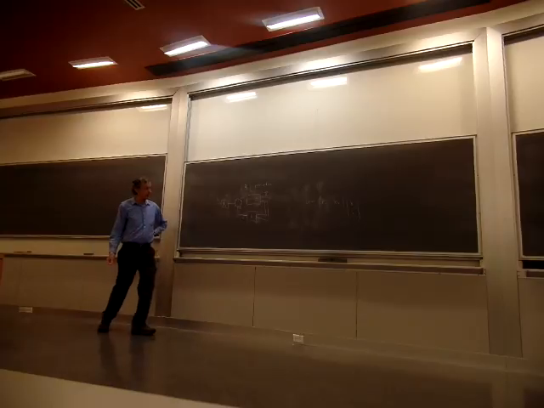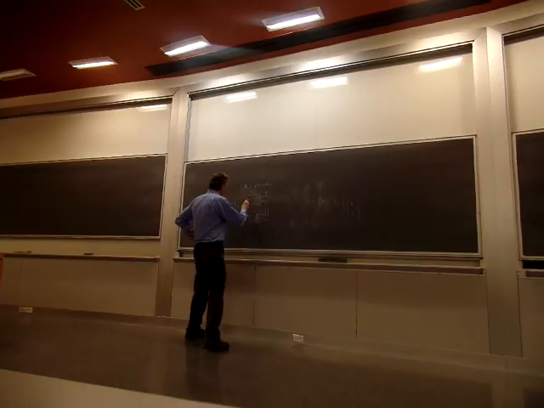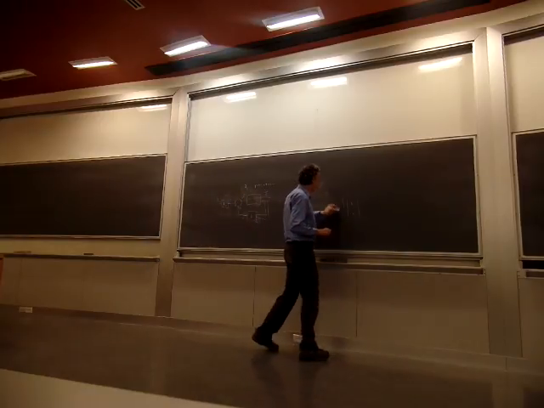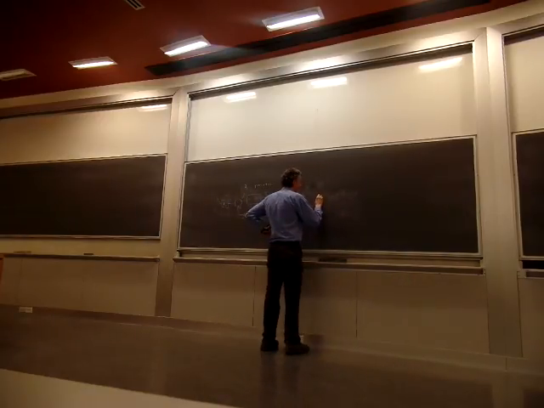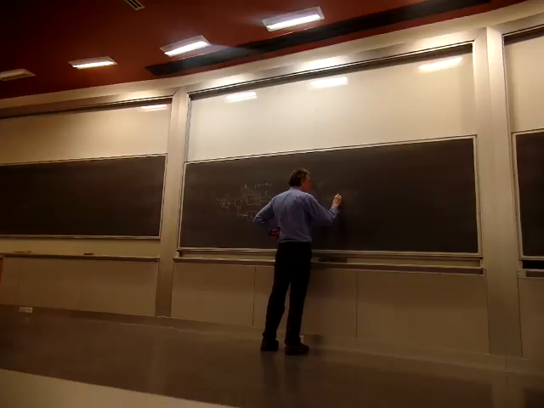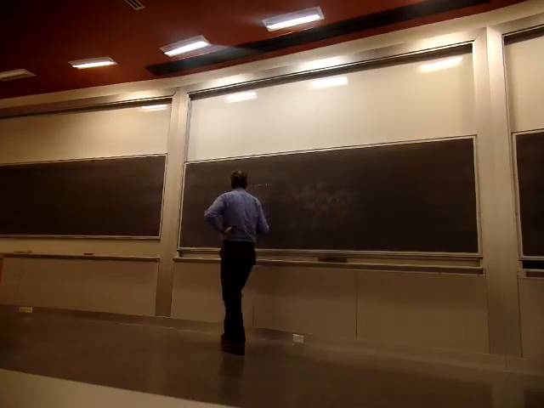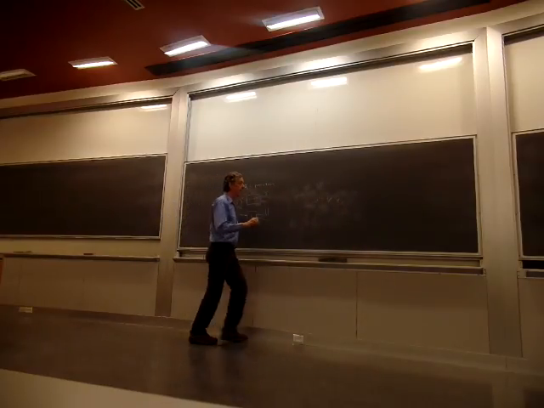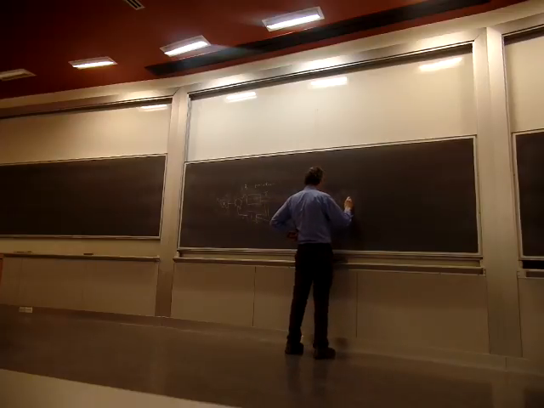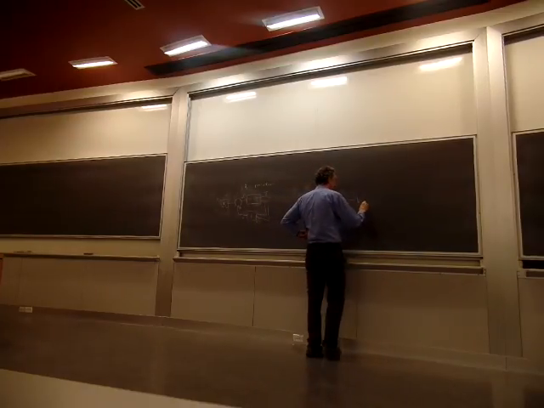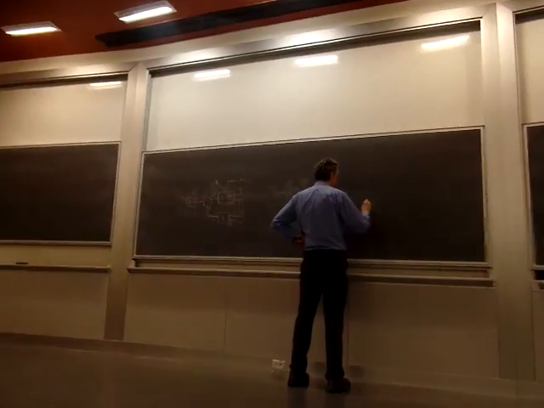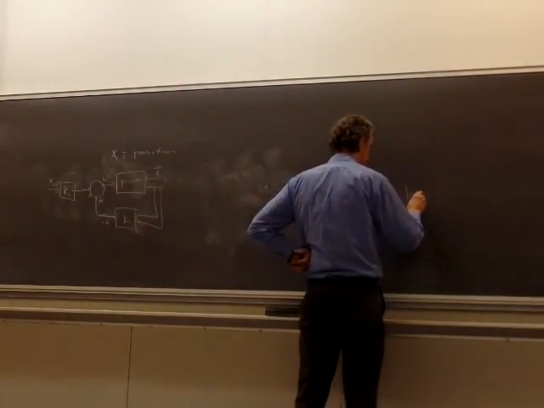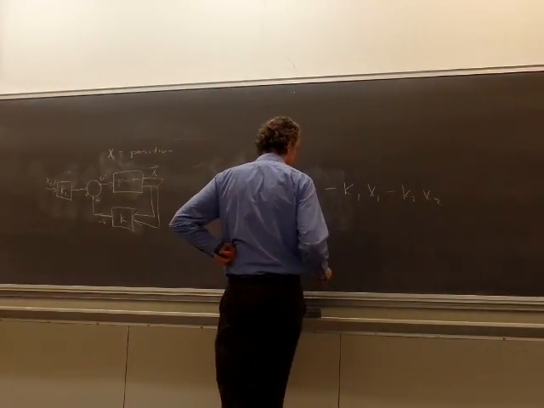So this is fine, because now what goes in here, call this u prime, is what? It's K1 times x desired, so this K1 x1 desired, minus K1 x1 minus K2 x2 and so forth.